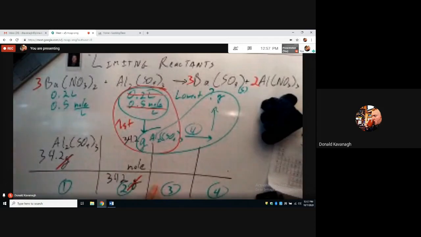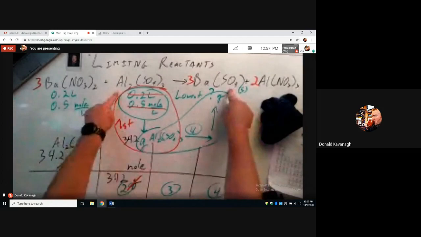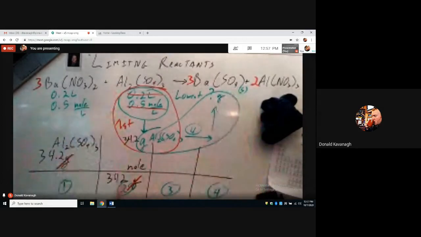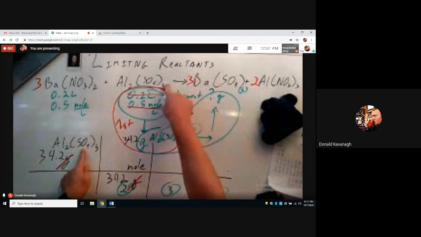In step 3, I'm going to use the balanced chemical reaction to make a word cancel. In my scaffold here, the only word that is also in the balanced chemical reaction is this right here. So this needs to go on the bottom.